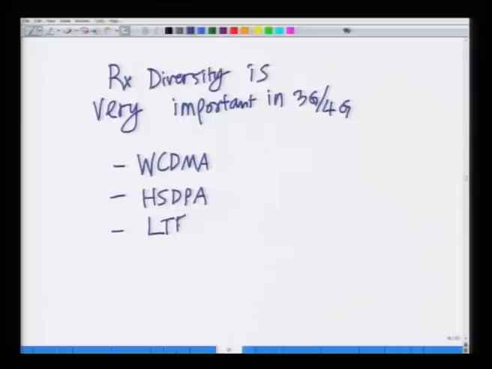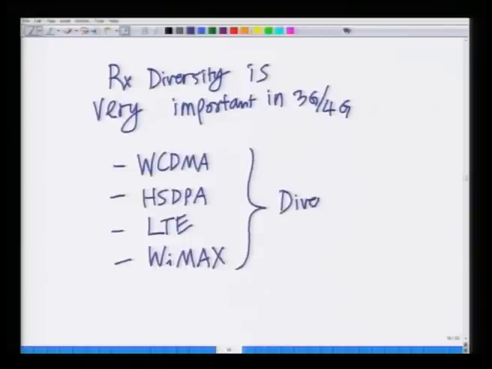Remember, in the very first lecture, we looked at a list of technologies that are categorized as 3G and 4G technologies, and we said several such technologies are WCDMA, HSDPA, LTE and WiMAX, and all of these techniques use diversity. Here we talked about receive diversity, but there is also a form of transmit diversity which we are going to talk about later.